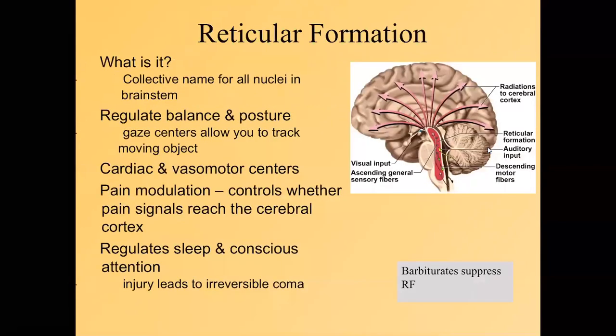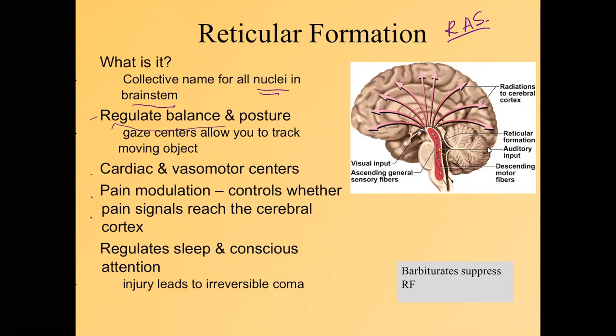Now there is a group of nuclei, gray matter, that's in your brainstem. Instead of learning what each one of them is called, we're going to call it the reticular formation or the reticular activating system, the RAS. What they do collectively is all of these things that I have listed on here.